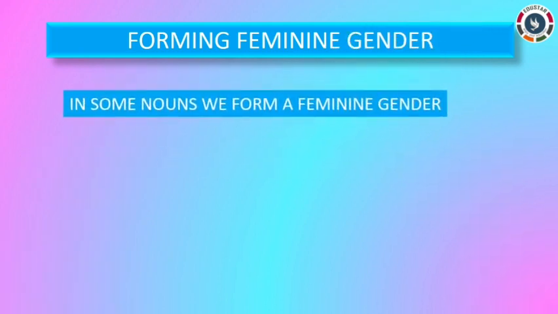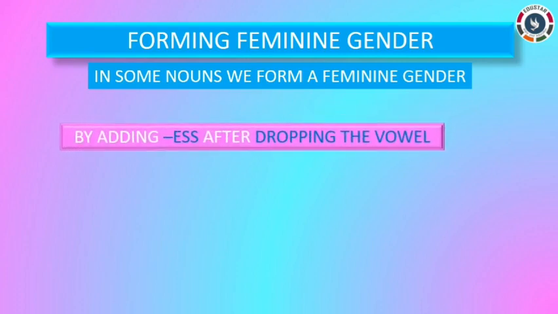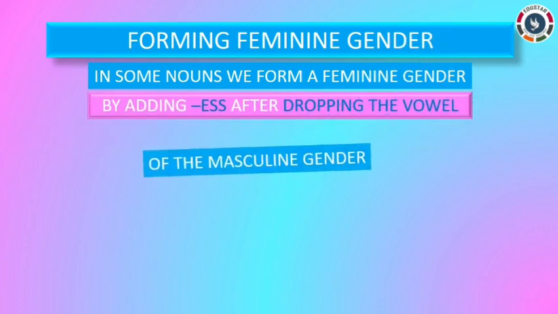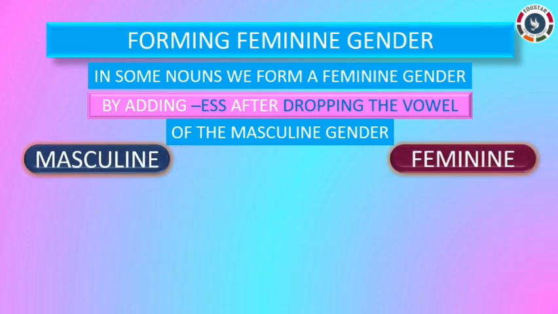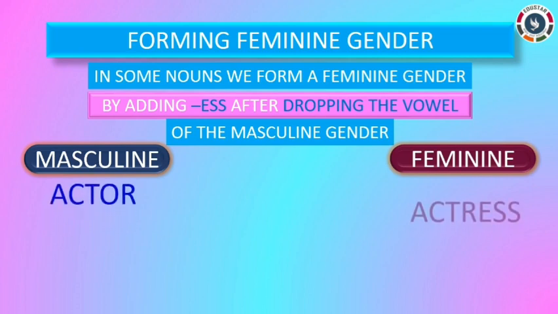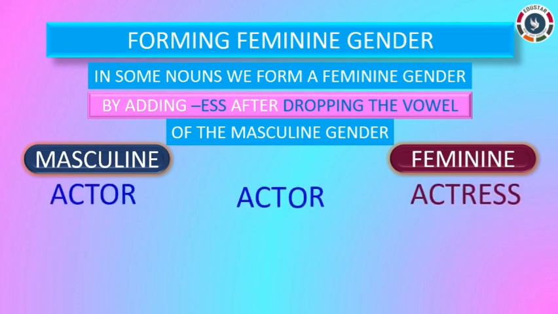But in some nouns, we can form a feminine gender by adding ess after dropping the vowel of the masculine gender. For example, actor, actress. Here, we drop the last vowel O and add ess to form the feminine gender.